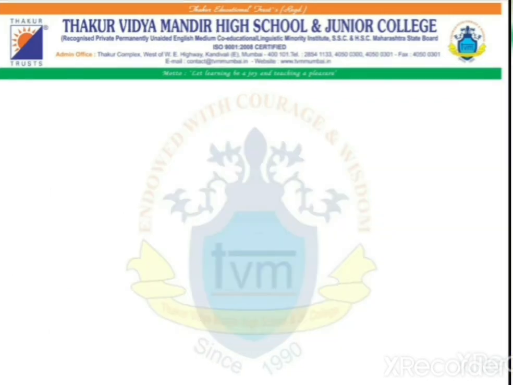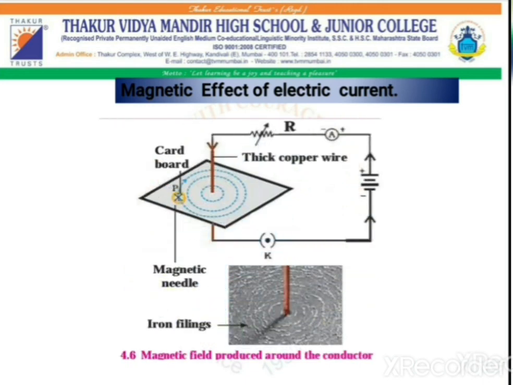The same magnetic effect of electric current can be seen in this diagram. Here, a thin sheet of cardboard is taken and passing through this sheet at the center is a thick copper wire. On that sheet, some magnetic needles are sprinkled. As the current passes through the wire, these magnetic needles start forming concentric circles surrounding the wire.